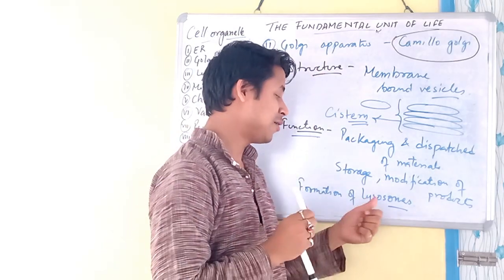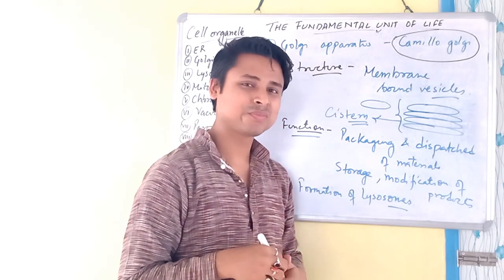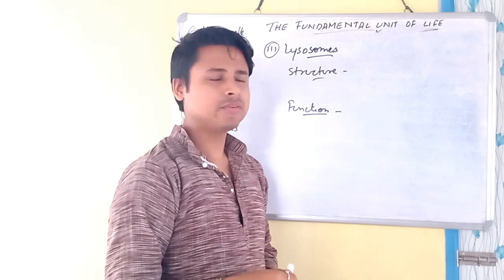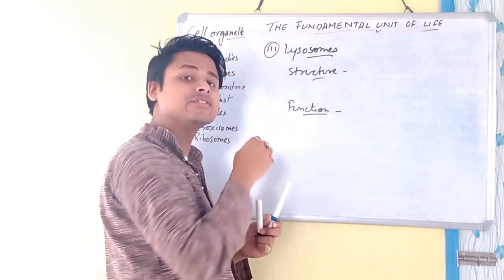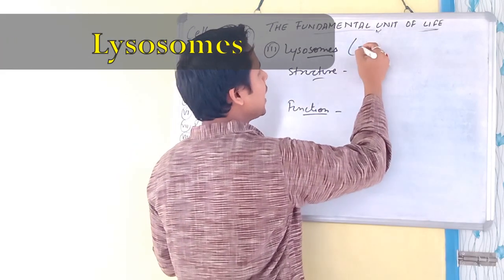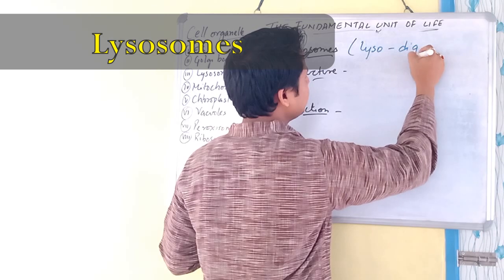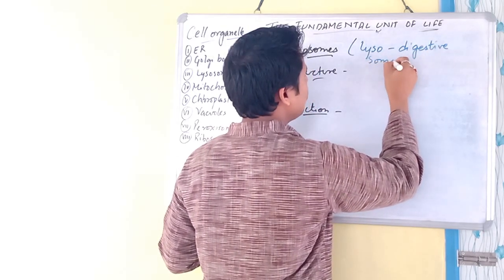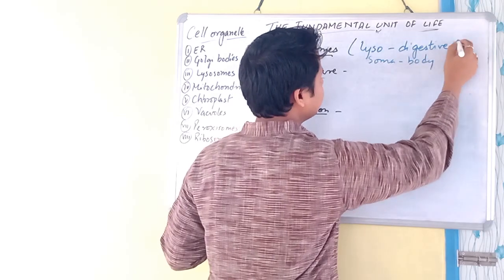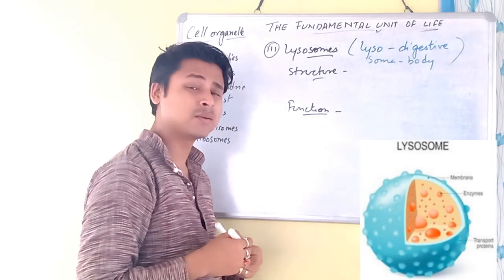Now we will see the lysosome, what it does. Now we will see the structure and the function of the lysosome. But before going to the structure and function, the name: lyso means digestive and soma means body. So from the name itself we can identify the function, digestive body.